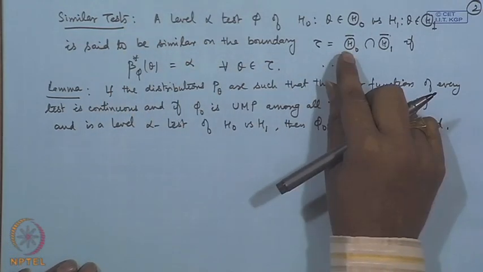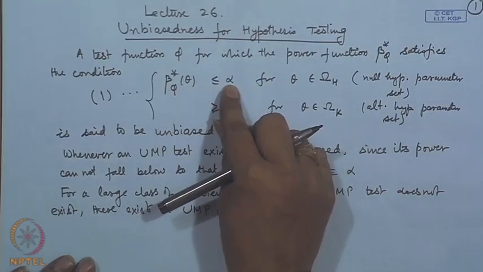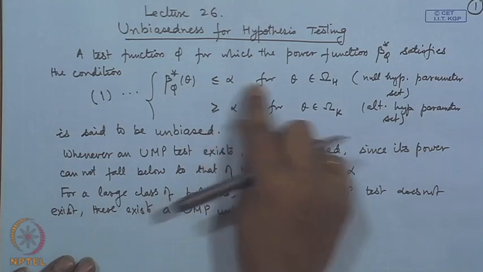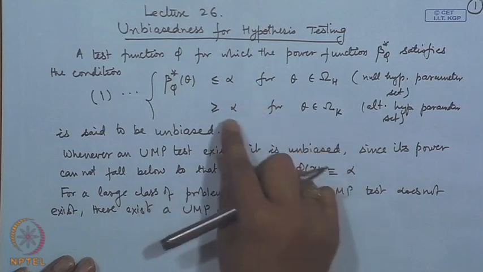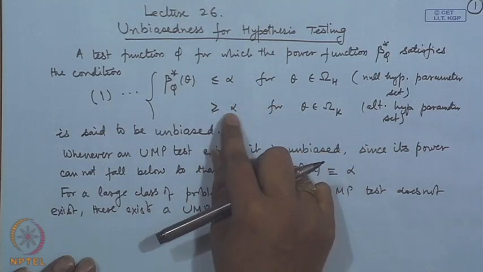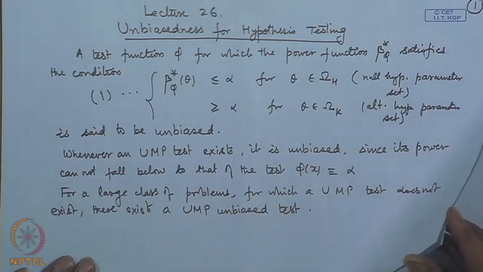First of all, what we needed here is that the power function should be less than or equal to the level for the null values, that is the probability of type 1 error basically, and the power should be greater than or equal to alpha. That is what we are saying for the unbiasedness condition.